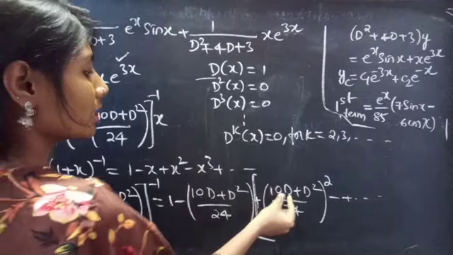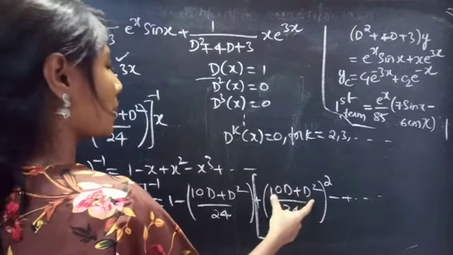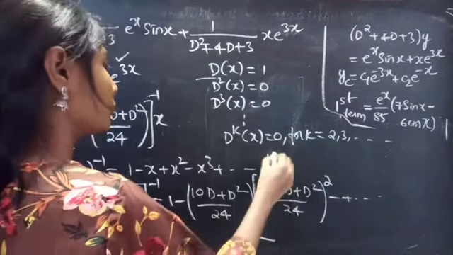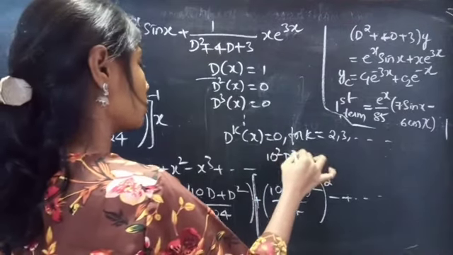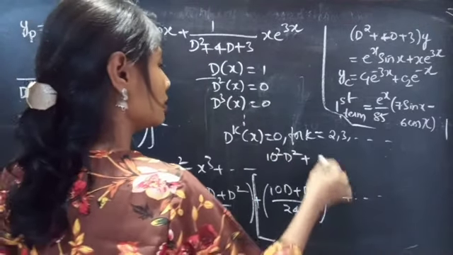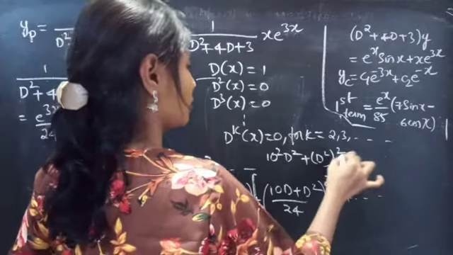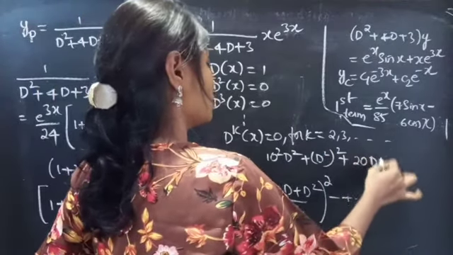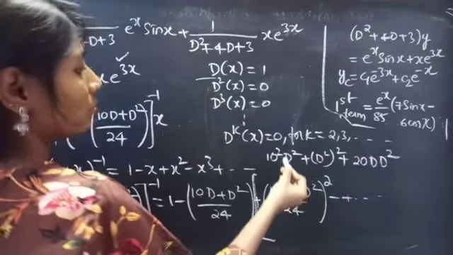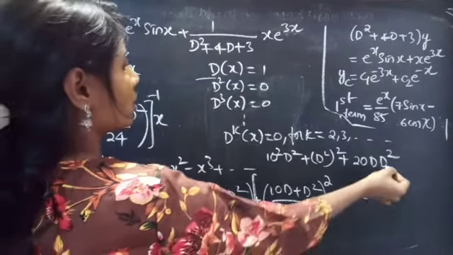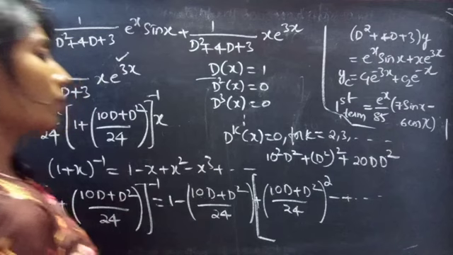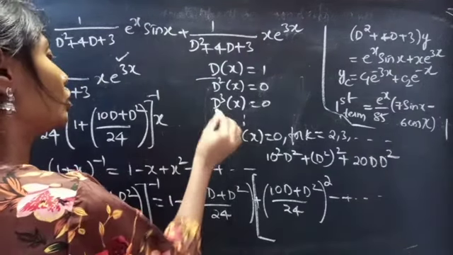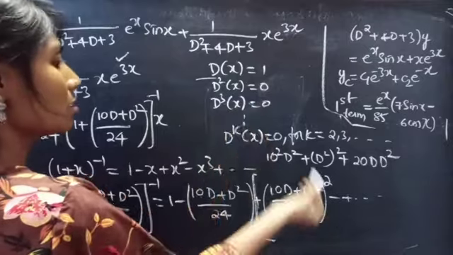See here you have 10d, and if you expand (10d plus d square) whole square, we'll get 10 square d square plus (d square) whole square plus 2 times 10d into d square, right? We have d square, d power 4 and d cube, which are higher derivatives, and we know that the higher derivatives from d square, d cube and so on of x are 0.